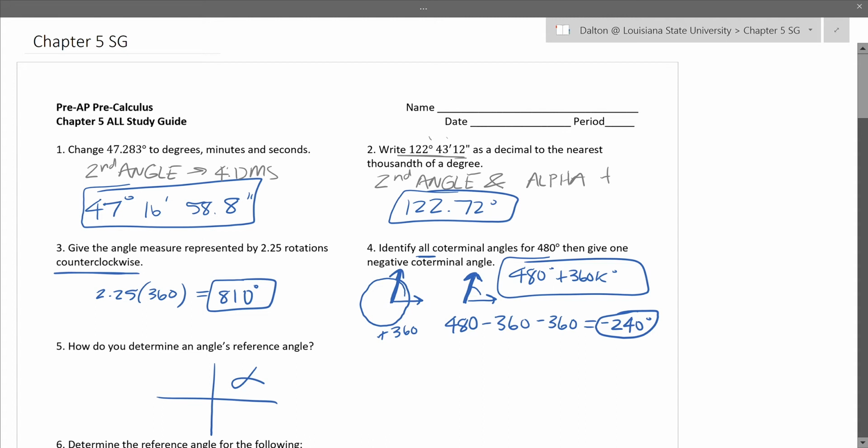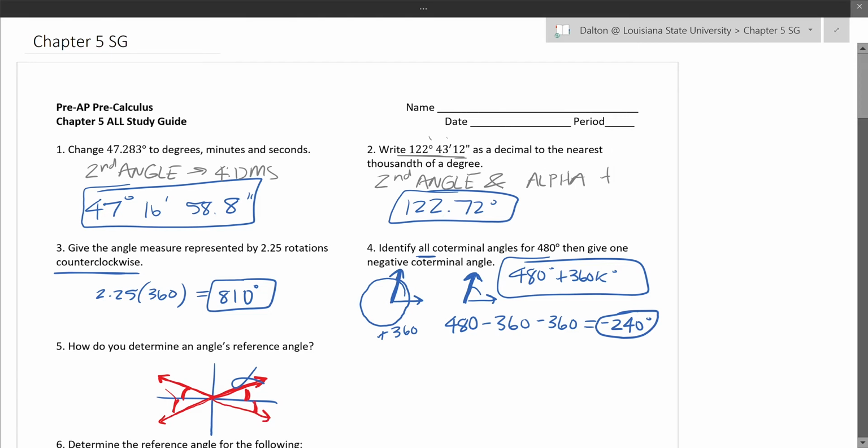If it's in any of the other quadrants, if this is my angle here, I need to figure out what angle in all of the other quadrants that are going to be between the angle and the x-axis has to be the same. So here, obviously it's already alpha. Then in the third quadrant, I've got to figure out what this angle is. In the fourth quadrant, I've got to figure out what this angle is.